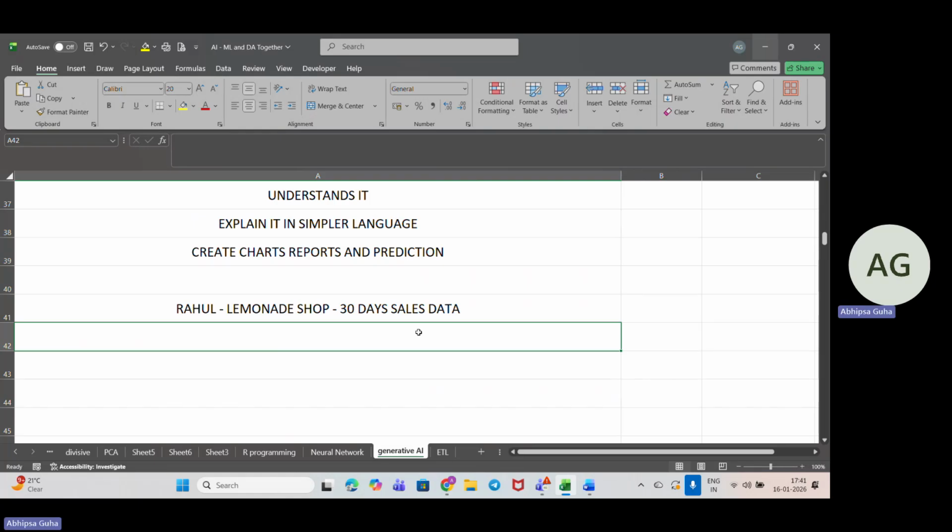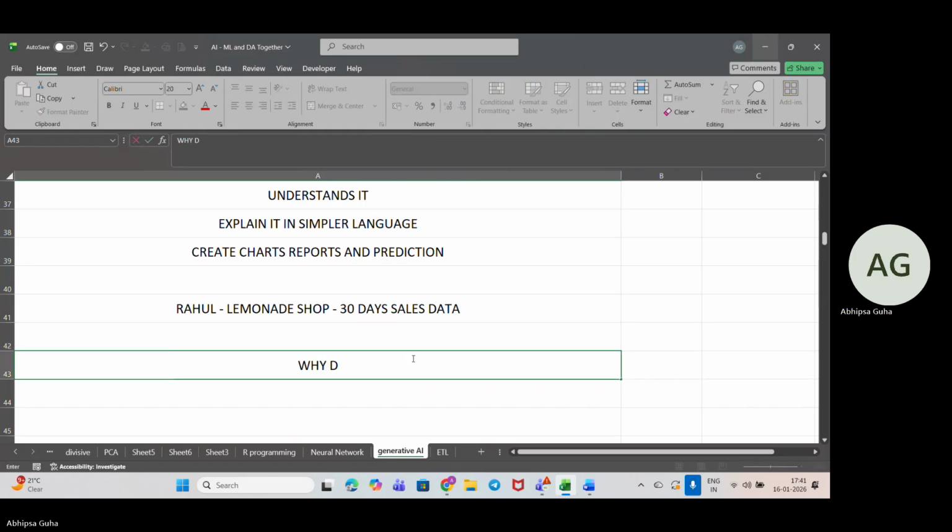Okay. Now, why do we need generative AI in analytics? Okay, so this is the question.